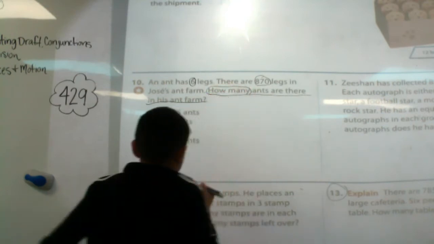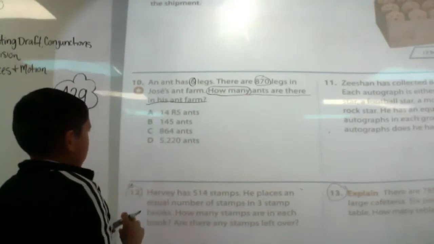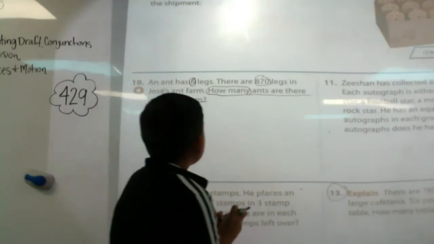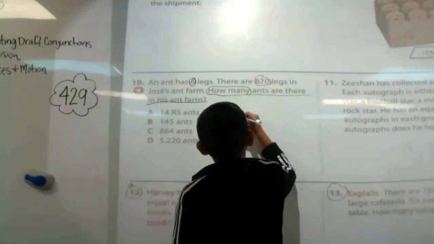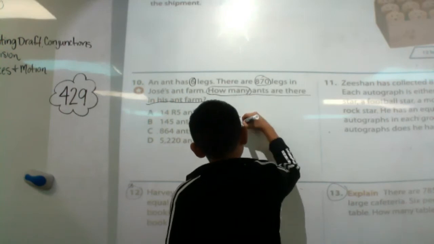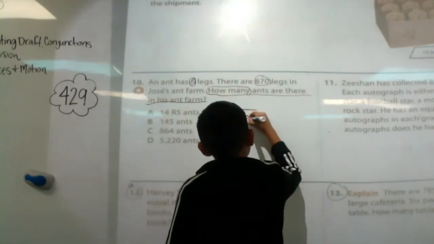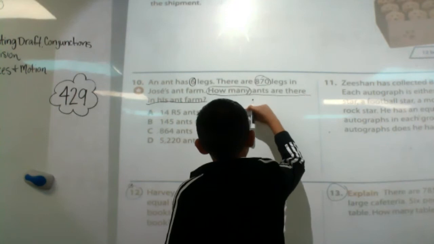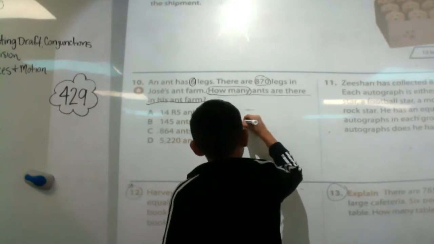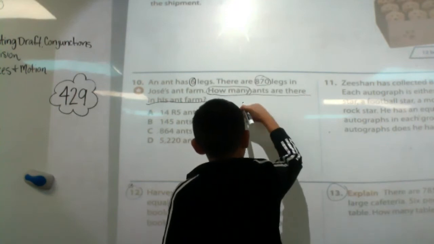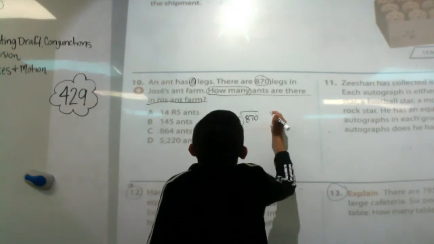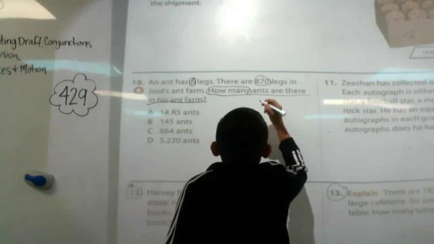form? Okay, so what are we doing here, y'all? We're dividing. And this one's nicer because it has multiple choices too. So we got 870 divided by 6.